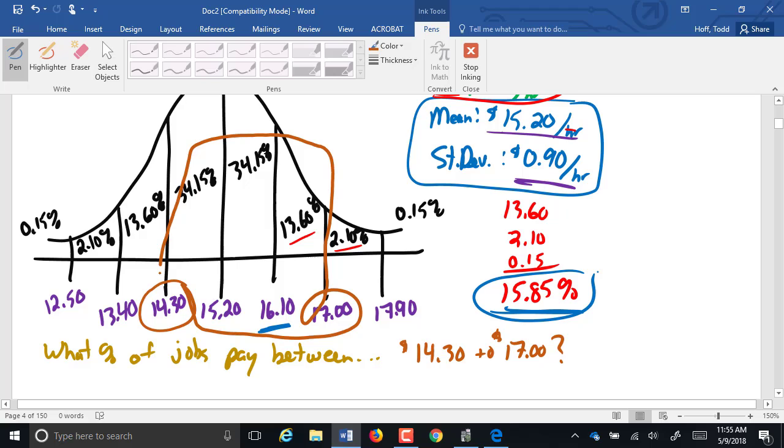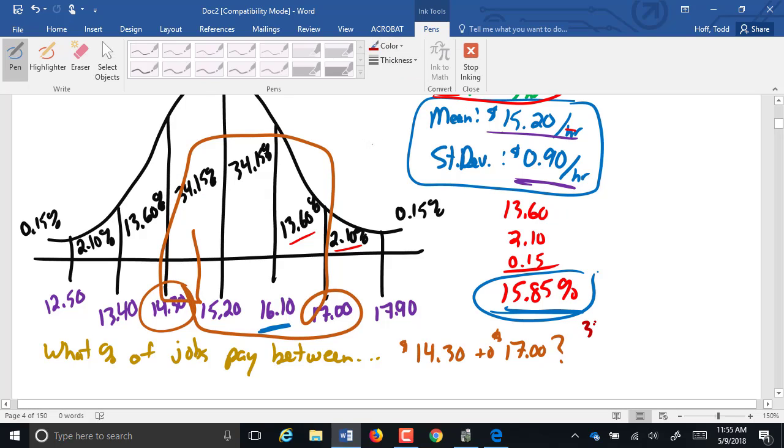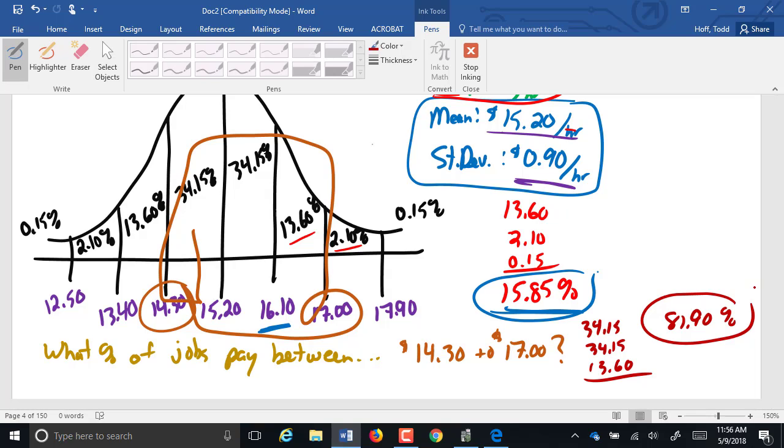So between them would be those numbers. I add up those percents. I've got 34.15, 34.15, and 13.60, which adds up to 81.9%. So we'd expect 81.9% or almost 82% of the jobs in that area to pay between those two numbers.